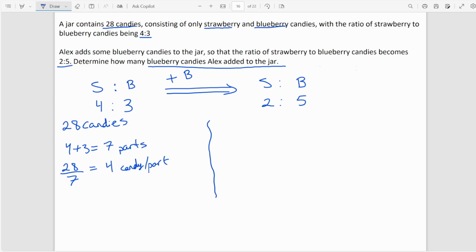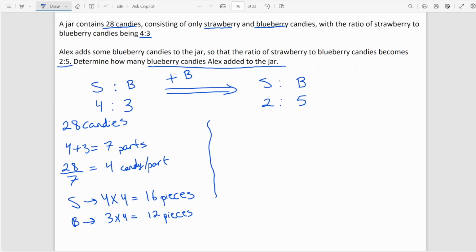So for strawberries, we have 4 times 4 because we have 4 parts, each represented by 4 candies. So 16 pieces. And as for the blueberries, we have 3 times 4, and it gives us 12 pieces. Okay, so I hope this was clear.